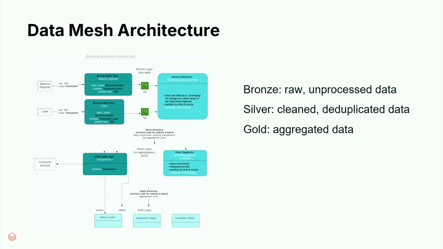From there, the data is persisted into S3, and we then consume the data in DLT pipelines that are organized using a medallion architecture, where you roughly have different layers corresponding to their own tiers of data quality. In practice, this looks like the bronze layer containing raw, unprocessed data, silver containing clean, deduplicated data, and the gold layer containing aggregated or joined data.